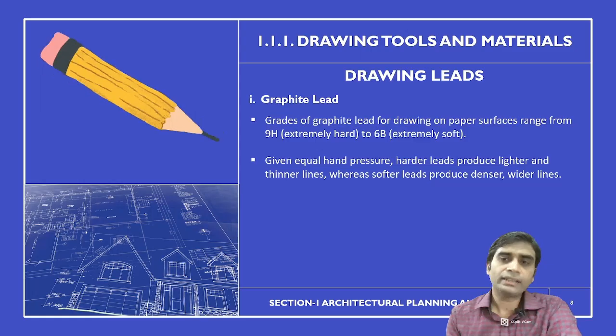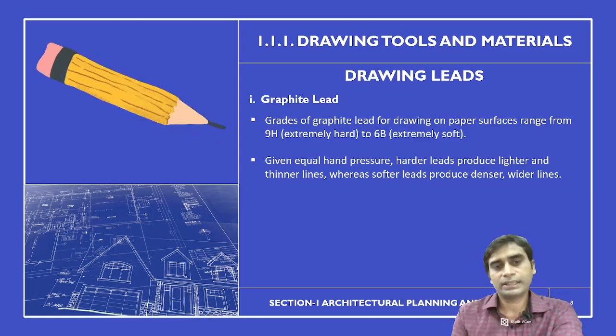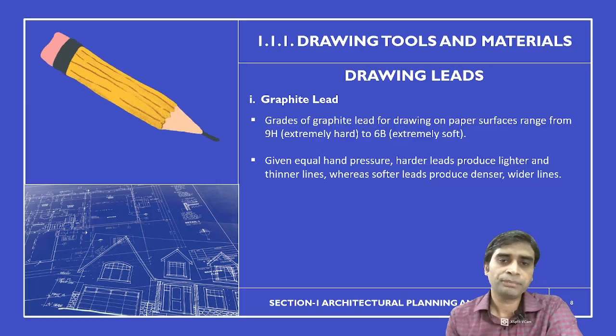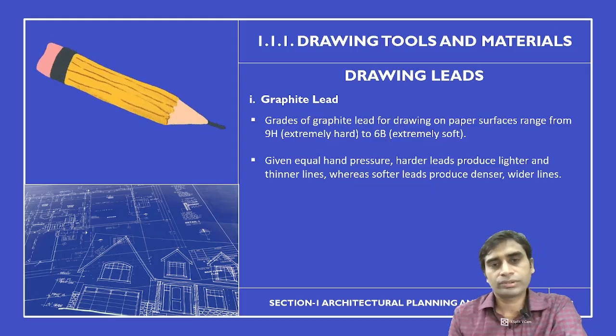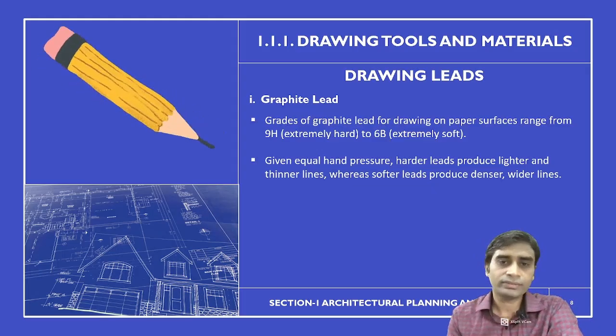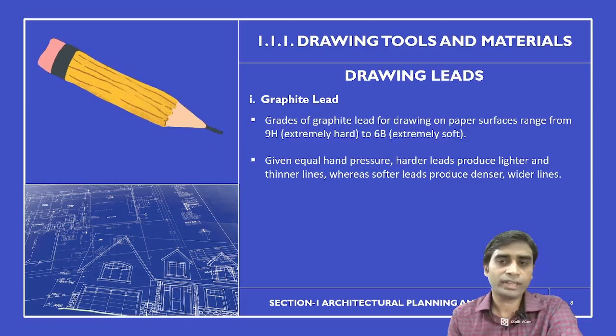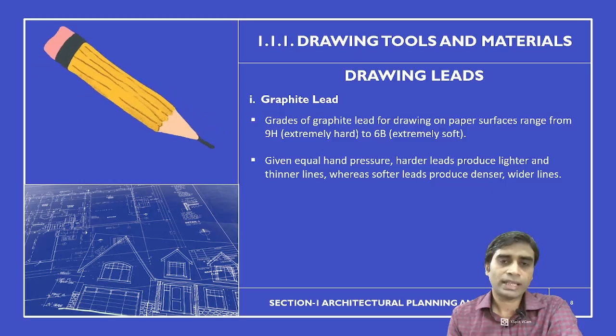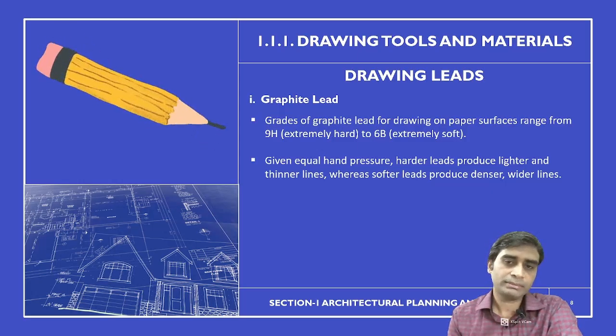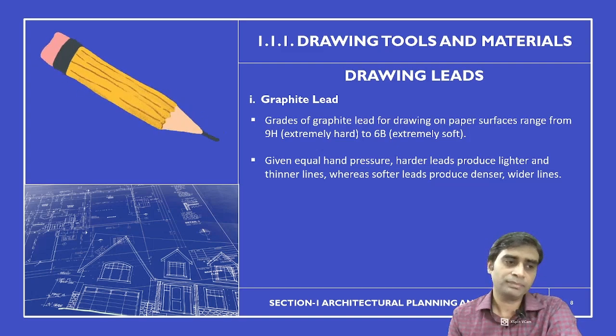Now the leads we will discuss. What are the types of leads? Generally, graphite lead is used. There are various grades of graphite leads for drawing on paper surfaces. It ranges from 9H, meaning extremely hard, to 6B.